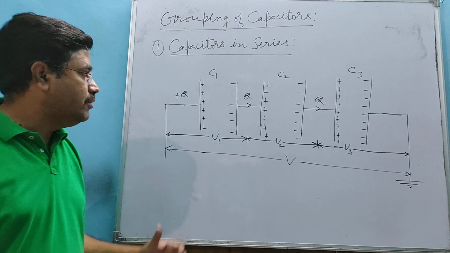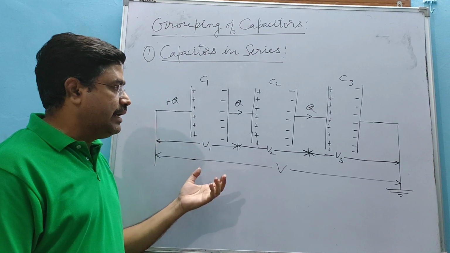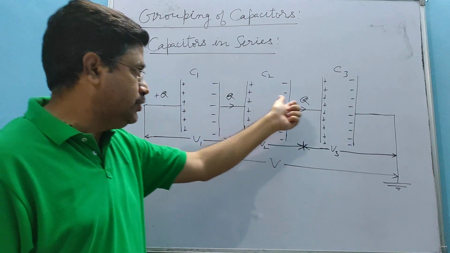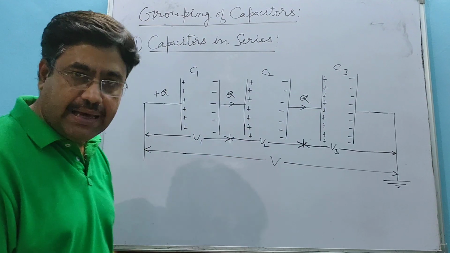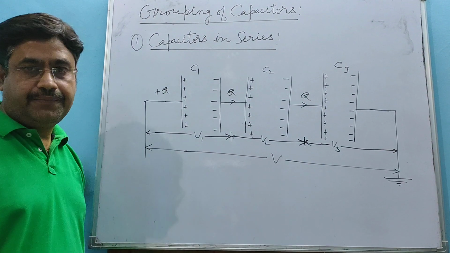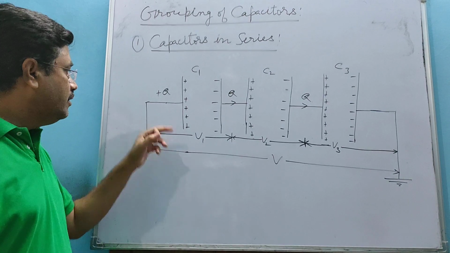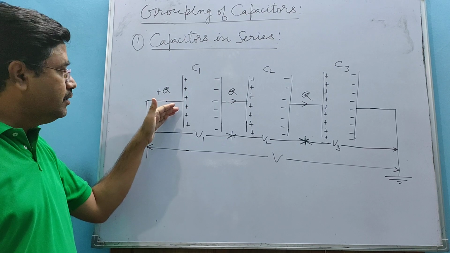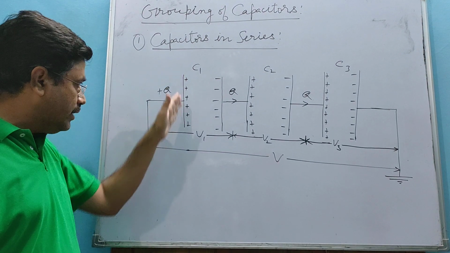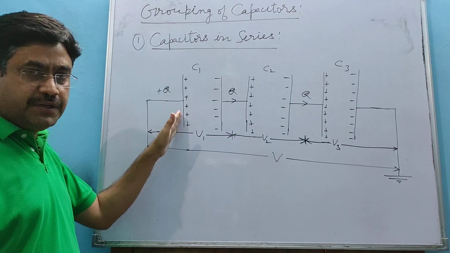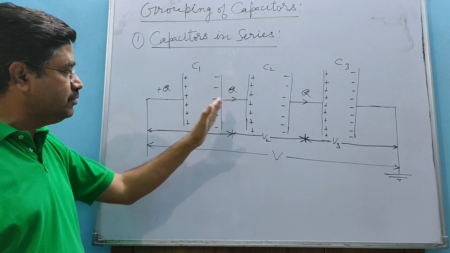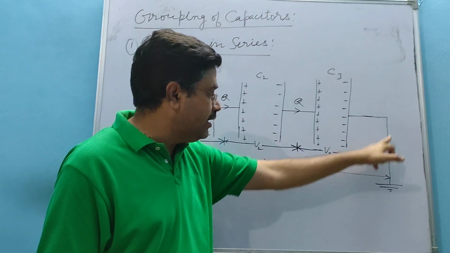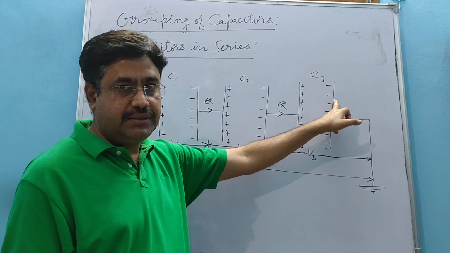Now we have three capacitors having capacitances C1, C2 and C3 as shown in the figure. Suppose there is a charge Q, so on this plate there is a charge plus Q. By induction there is minus Q, plus Q, minus Q, plus Q, and finally we reach the last plate.